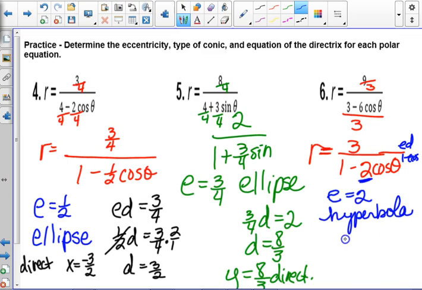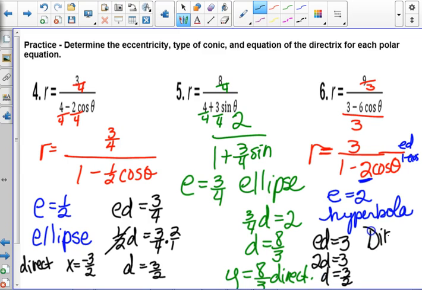All right, now if the top is 3, that means that E times D is 3. But we just figured out E was 2, so that makes D 3/2.